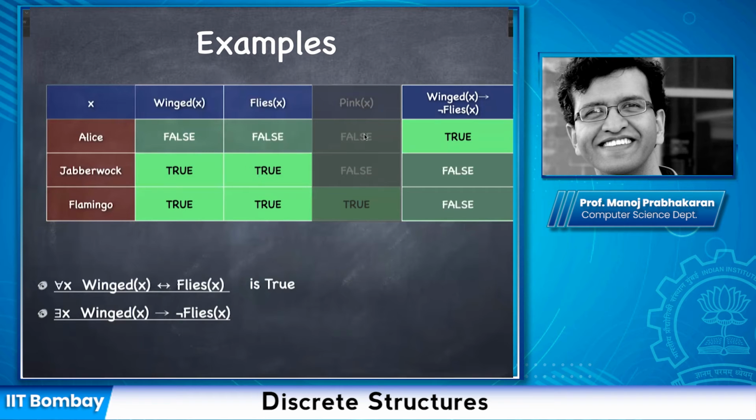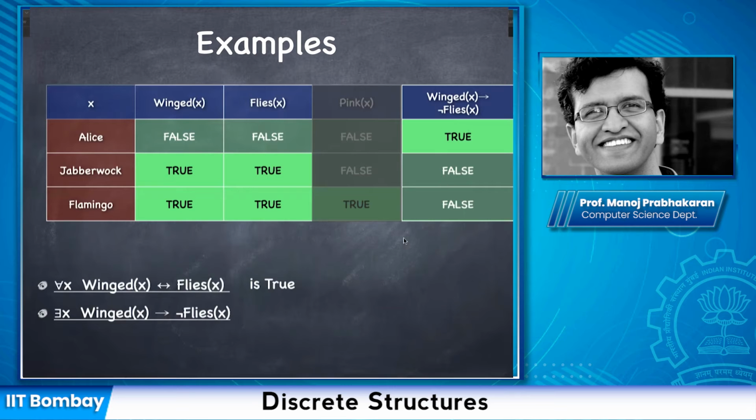So here, winged x implies not flies x is vacuously true for x equal to Alice, because winged Alice is false. So then it doesn't matter what flies Alice is, right? Once winged Alice is false, the proposition winged Alice implies anything is true, vacuously true. So this entry here is true.